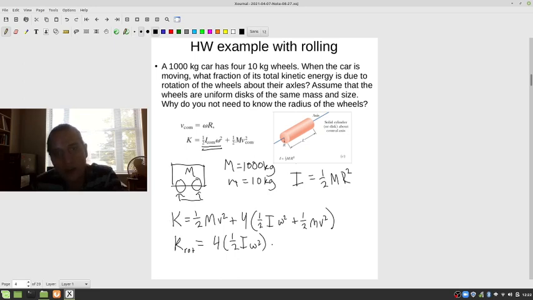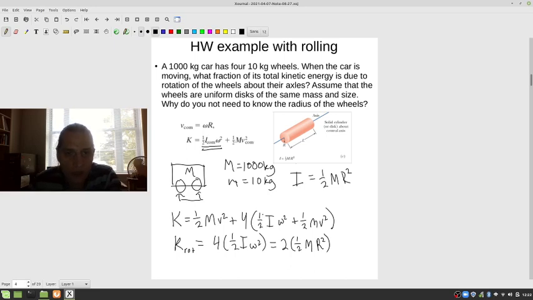And ask, why do you not need to know the radius of the wheels? Well, let's go one step farther here. This would be 4 divided by 2 would be 2. I is 1/2 mr squared, so 1/2 mass times radius squared.